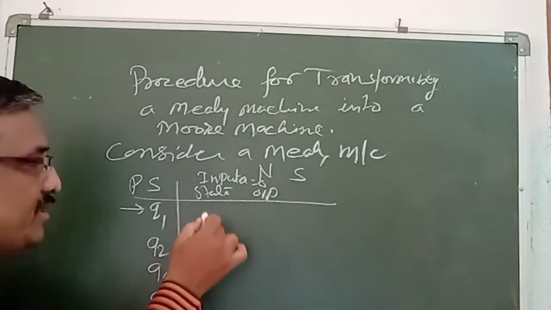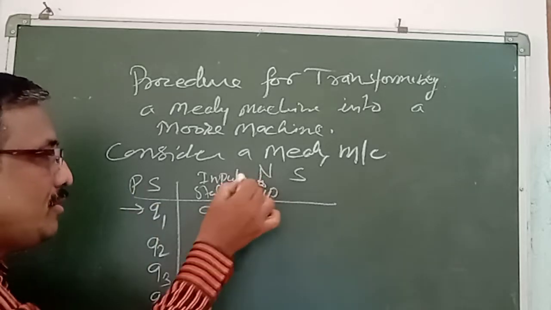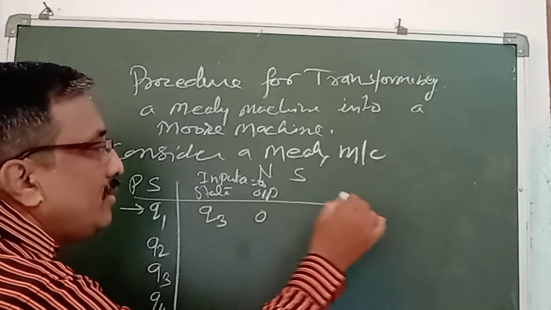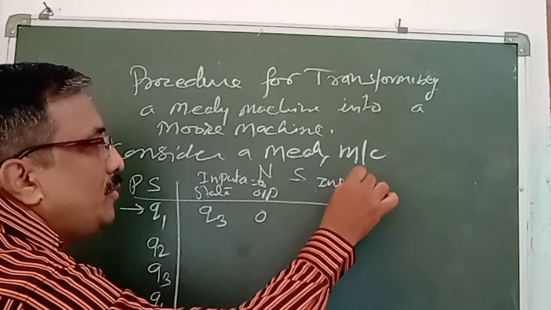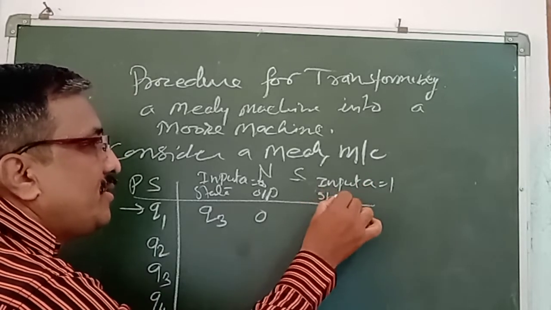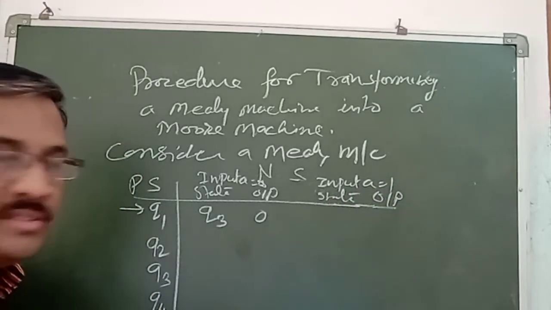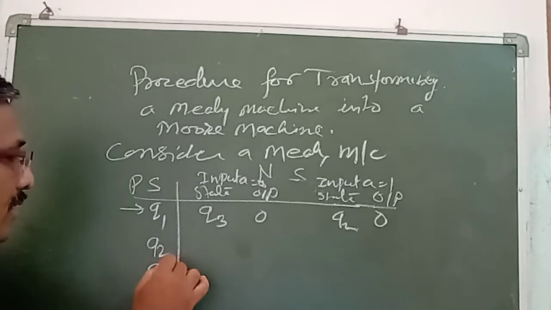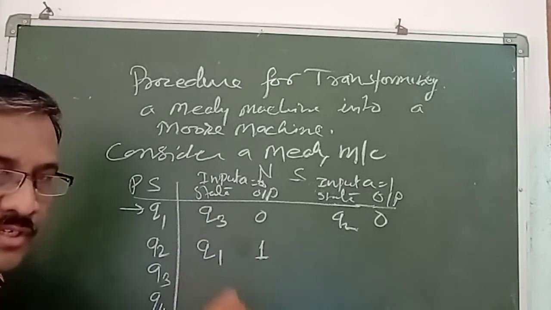Next state transition is from state Q1 for input 0, it is Q3 and 0, and for input A equal 1, next state is Q2 and output is 0. From Q2, next state is Q1, output is 1.